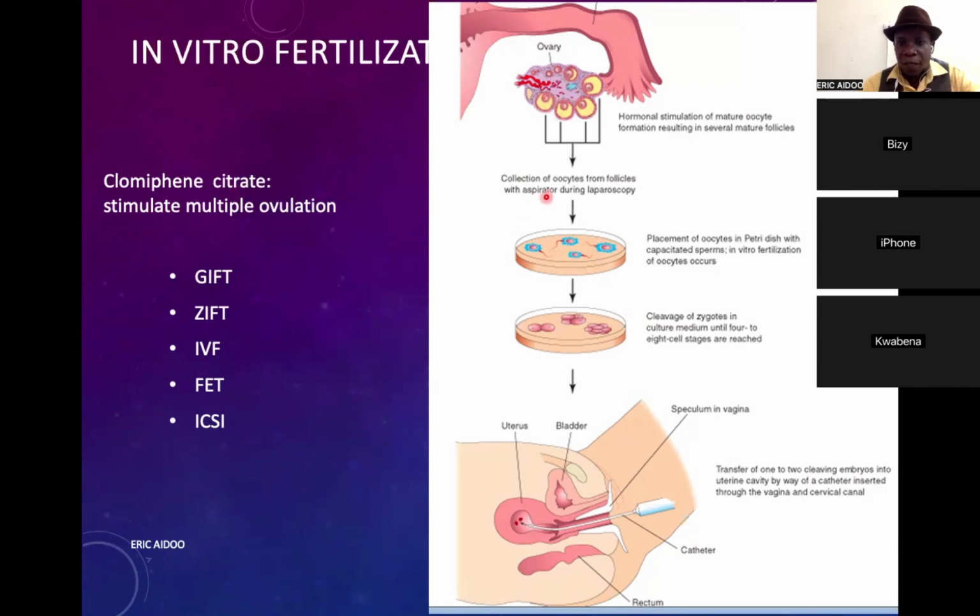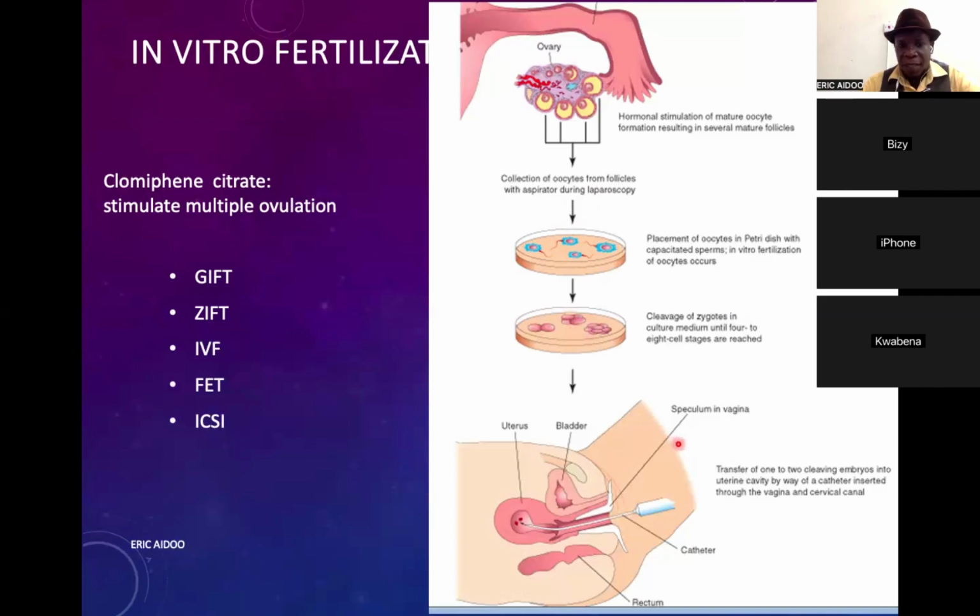Then you collect the oocyte from the follicles with an aspirator during laparoscopy, put it in a medium of a resemblance to the natural medium in the female, okay, and then put in capacitated sperms. Then you start observing the fertilization and cleavage that goes on.